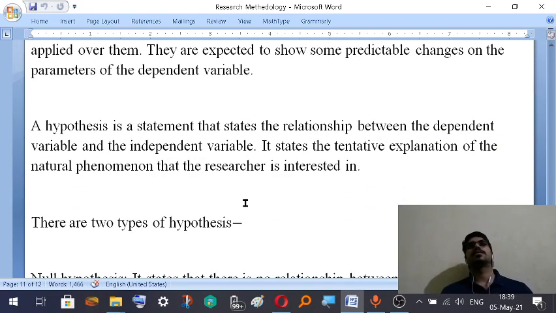The next thing we need to understand is what is hypothesis. So a hypothesis is a statement that states the relationship between dependent variable and independent variable. It is basically a tentative explanation of the natural phenomena that researcher is interested in.